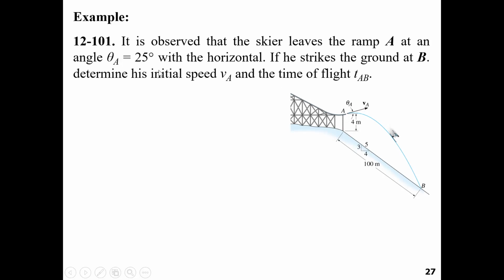The departure angle theta A is given. The problem asks how much velocity A should be so that if it leaves with this condition, it lands at B, and also how much time it takes to go there. So I'm going to give you a minute to draw these things, and I'm going to do it myself.